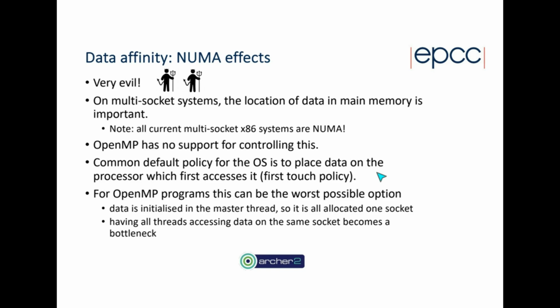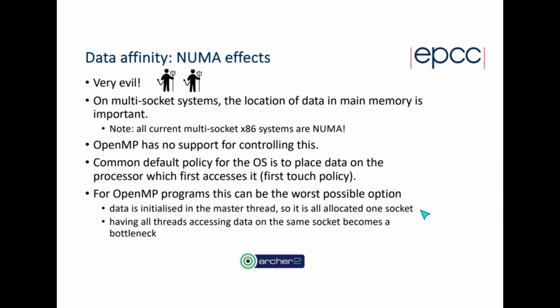It will place the data on the processor or in the NUMA domain where the first access to that data comes from. For single-threaded processes, that makes total sense. For MPI programs, where every process is only accessing its own data, more or less, that also makes total sense. For OpenMP programs, this can be the worst possible thing to do.